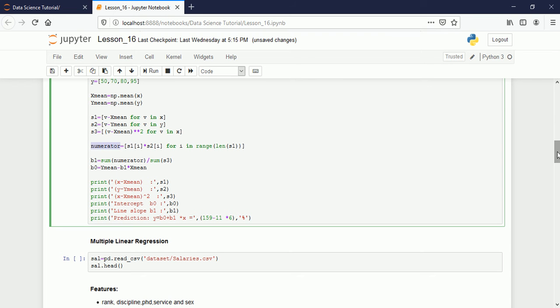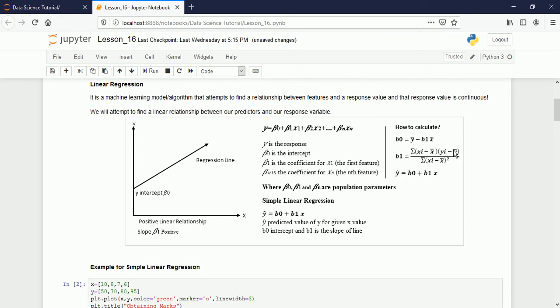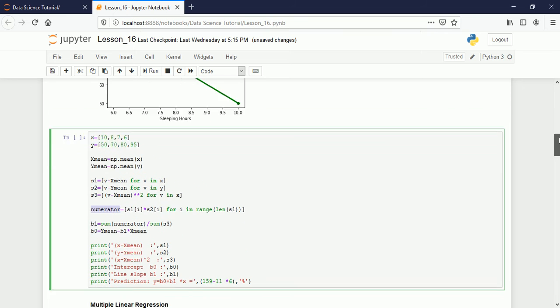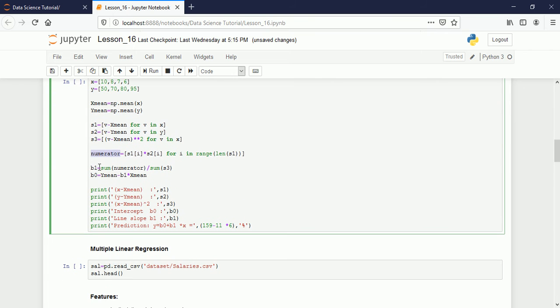After multiplying these two, we have to sum them also, we have to find the summation of that. That is why I say b1 is equal to the summation of the numerator divided by the summation of the denominator. So this is giving us b1.